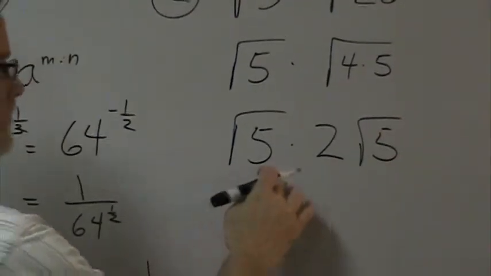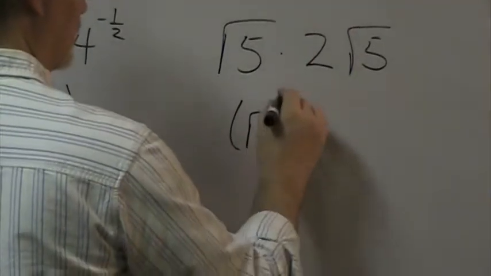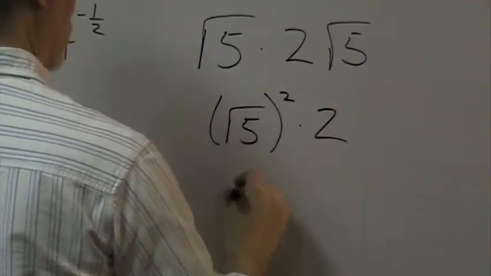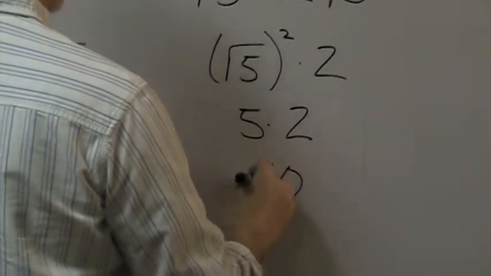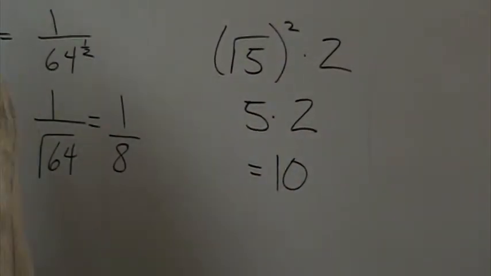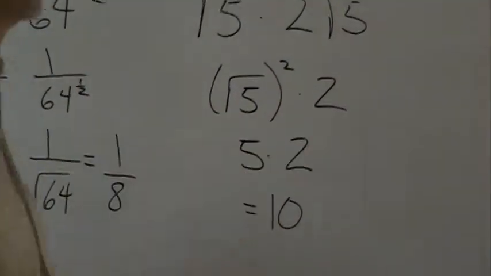The square root of 5 times the square root of 5 is 5. This becomes the square root of 5 squared times 2, which is 5 times 2, which is equal to 10. 2 different ways to solve the same problem. Pretty nifty, huh?